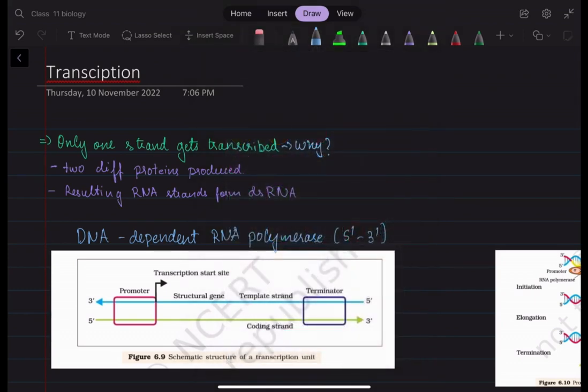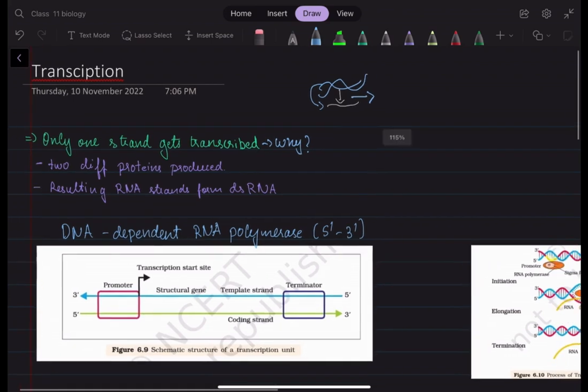That means when we have two strands of DNA like this, only one strand is used. RNA is formed using one of the strands of DNA. This is formed again by using complementarity.